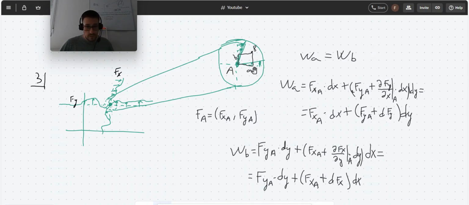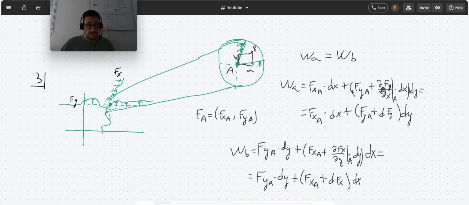Because at that point, the total force is going to be the initial y component of the force, plus the new force that appears due to the fact that we are moving along the horizontal direction, to the right. What is that infinitesimal increment of the y component of the force? It is given by this: the derivative of the y component of the force with respect to the x component at A, when we are very close to A.